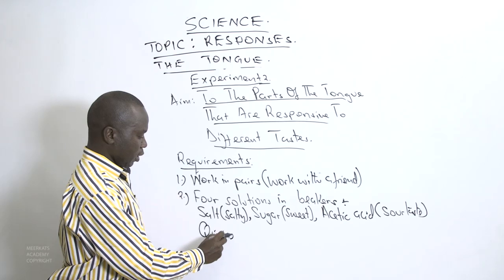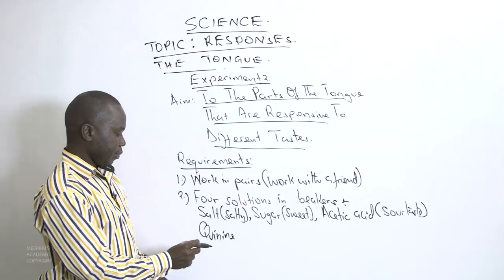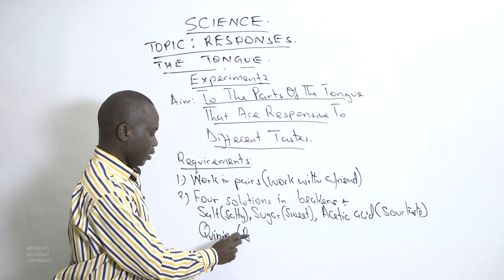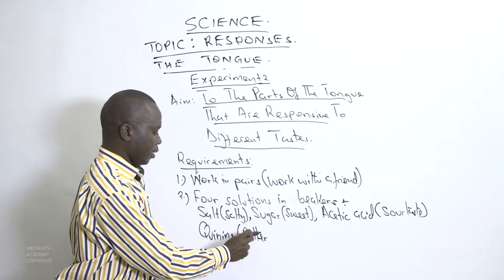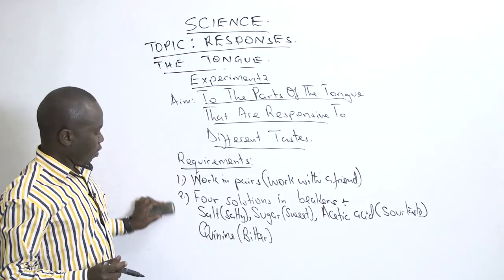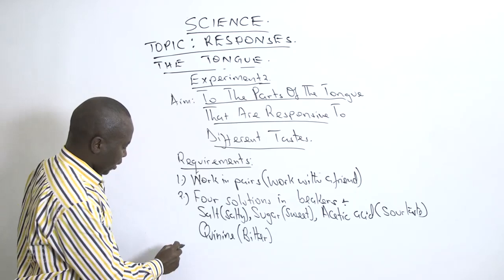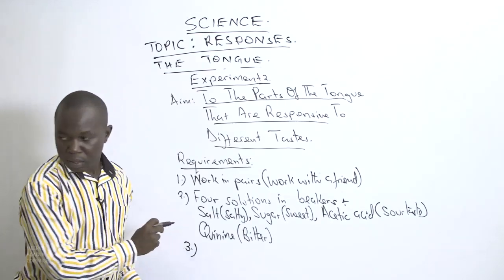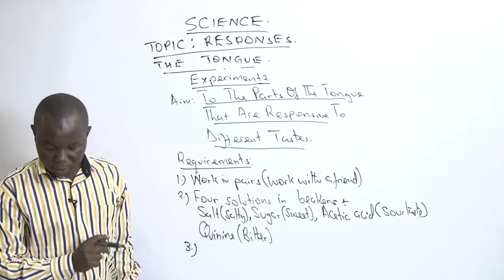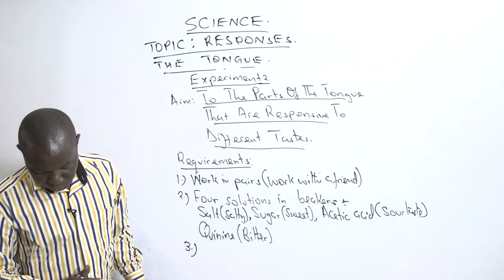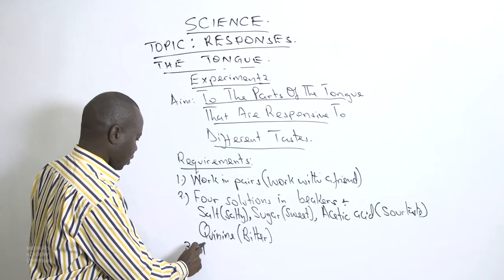You can take quinine tablets to represent bitter tastes. Then requirement number 3, you'll need a dropper.